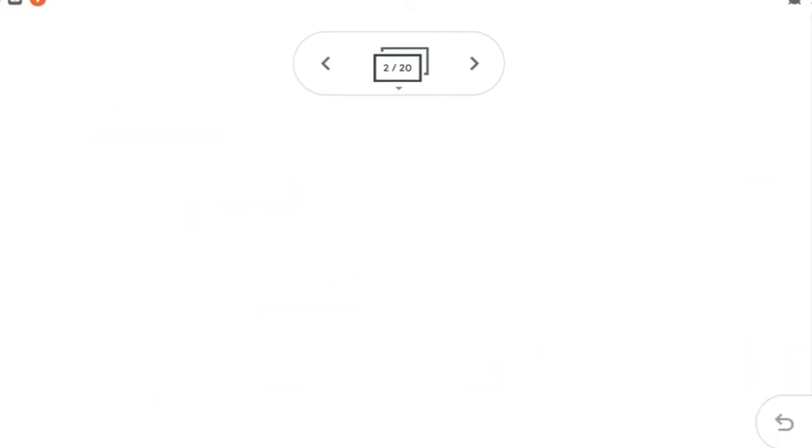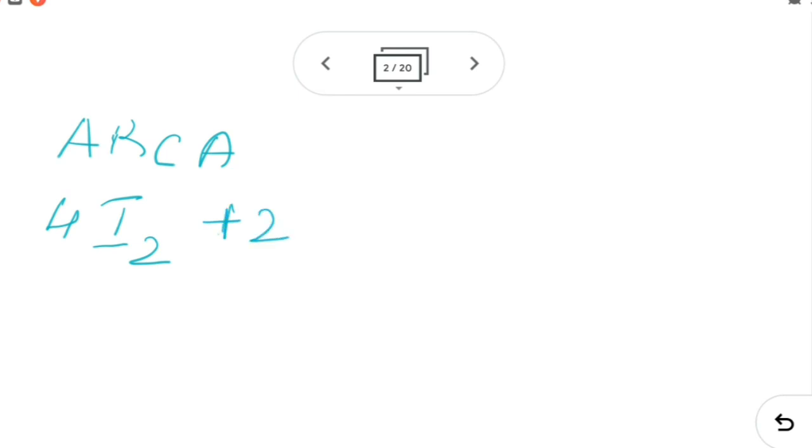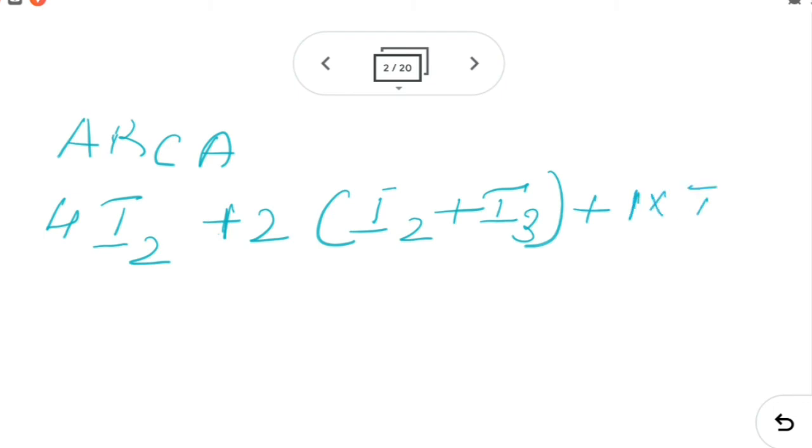Now we consider the loop ABCA. For that loop, we have 4I2, then plus 2 into I2 plus I3, plus 1 into I1, is equal to 10 volt.